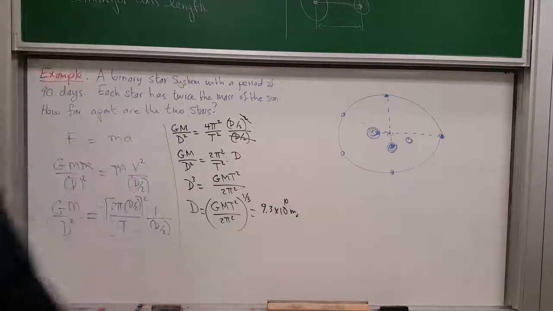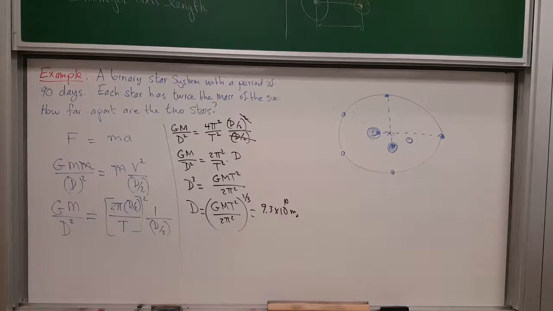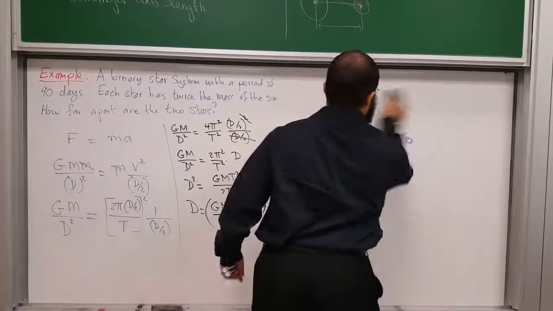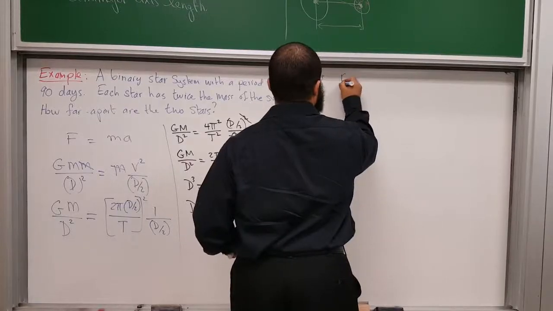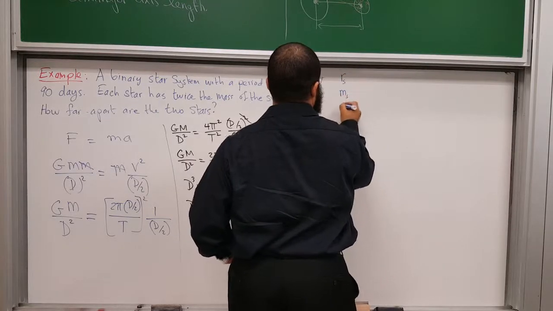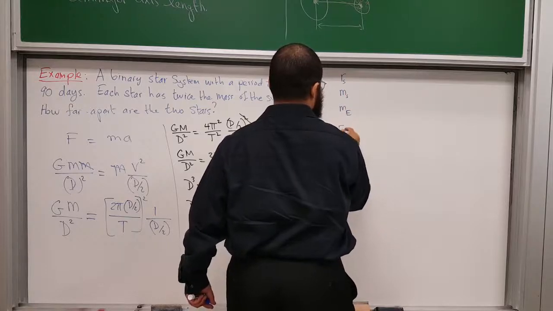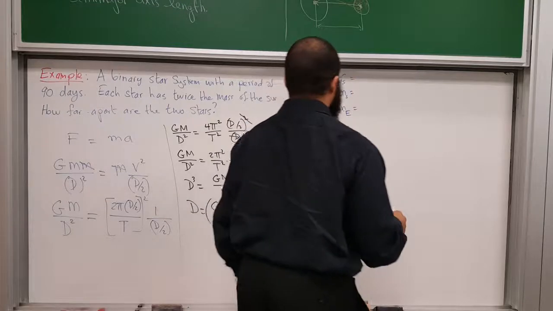Let me see if I can look up the numbers. Let me just show you that the center of mass of the Sun is within the Sun. I found the numbers here: the radius of the Sun, the mass of the Sun, the mass of the Earth, and the distance from the Earth to the Sun. Let's write all of them down.